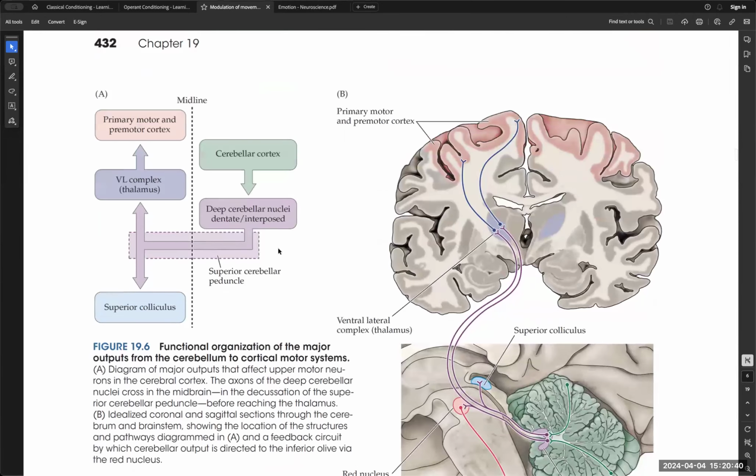and then ultimately some of that goes to the superior colliculus. And remember what we said yesterday, why is the superior colliculus important from a movement perspective? What does the superior colliculus control, when we talked about the basal ganglia?